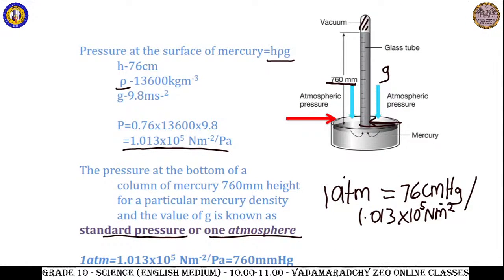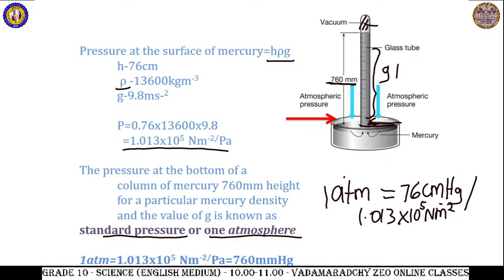Thereafter, we calculate the atmospheric pressure. We already studied that the hydraulic pressure equation is H rho d. Since this is a vacuum, the pressure at the bottom of the tube is H rho d.